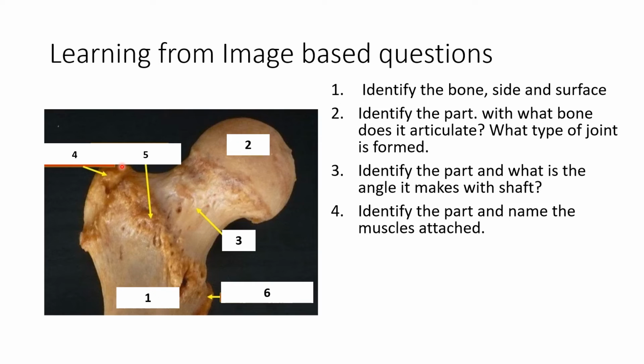And when you see the other surface of the femur, there is the trochanteric fossa which gives insertion to the obturator externus muscle.